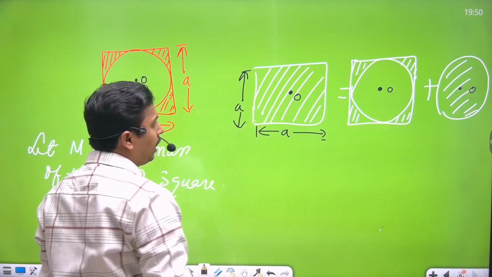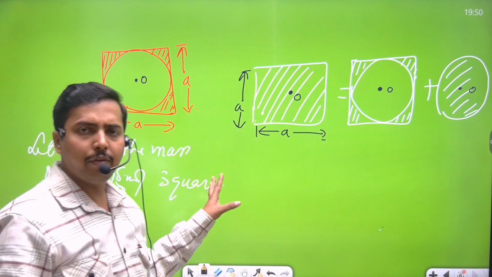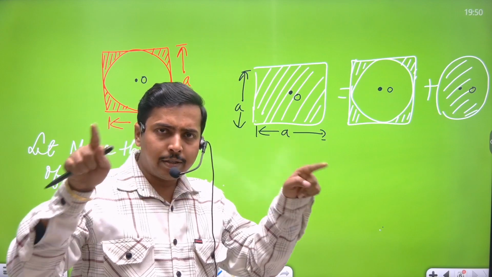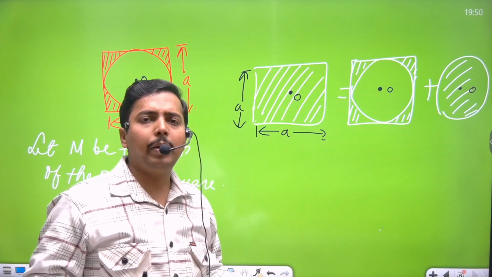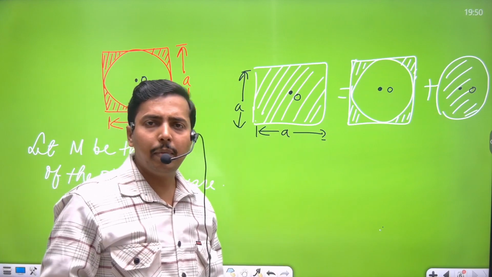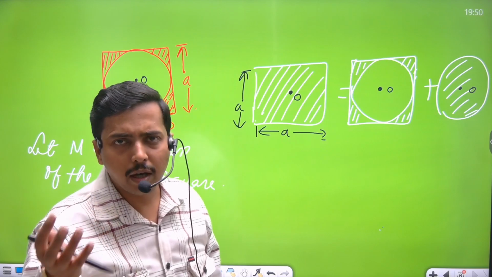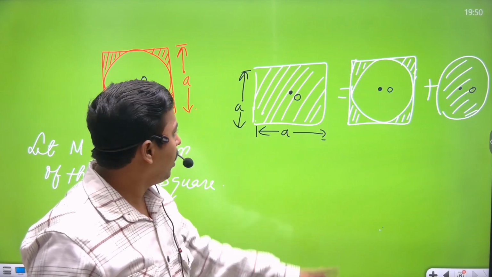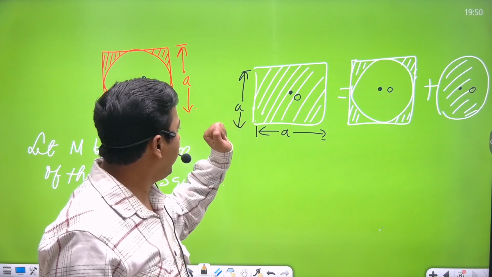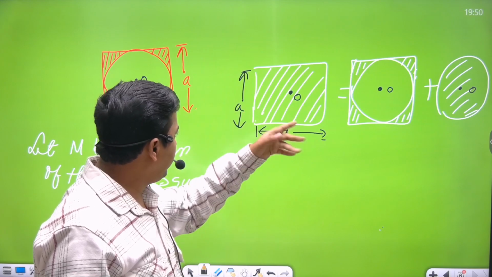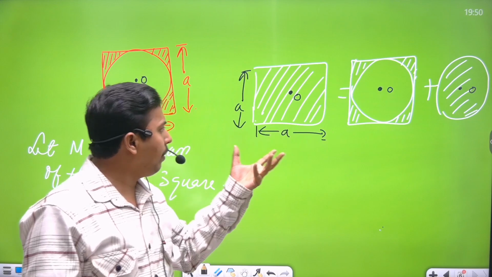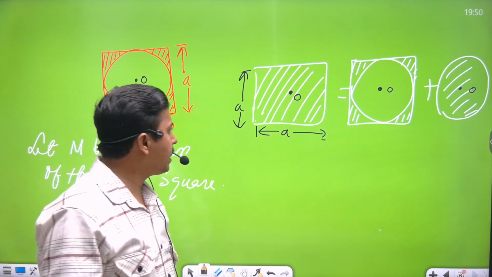I have taught you in class that whenever you have a rectangular sheet, its moment of inertia about its center is m by 12 times a square plus b square. So if a is equal to b is equal to a, then m by 12 into 2a square, that is m by 6 a square, will be the answer.